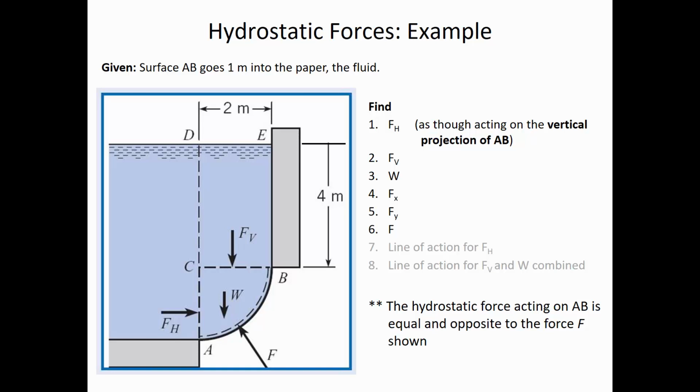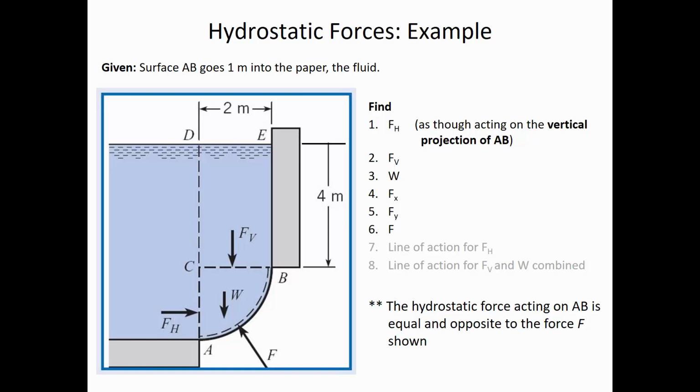So we're going to pretend like there's a flat gate there at AC that has the dimensions 2 meters high, 1 meter wide, and we're going to calculate the hydrostatic forces on that vertical projection. So that's what it's hinting at here in step 1, F sub h. Find the horizontal hydrostatic force as though there's a force acting on the vertical projection of AB.